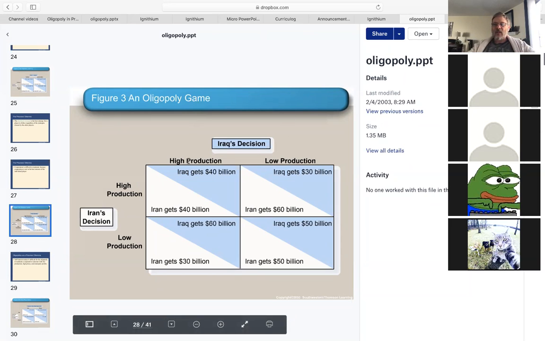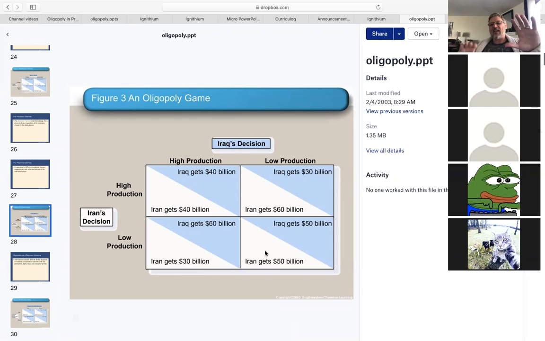So if I had labeled the first column low production and the second column high production, and did the same thing for Iran, then the Nash equilibrium wouldn't be in the upper left-hand corner. It would be in the lower right-hand corner. So I don't want anybody to think it's always the upper left that is the Nash equilibrium, and it's always the lower right that is the cooperative outcome. It just depends on how you draw the table.